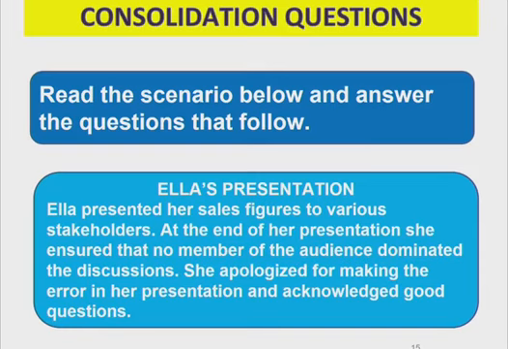So Ella presented her sales figures to various stakeholders. At the end of her presentation, she ensured that no member of the audience dominated the discussions. She apologized for making the error in her presentation and acknowledged good questions.